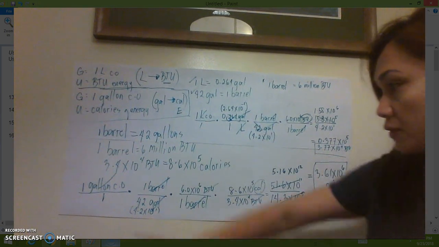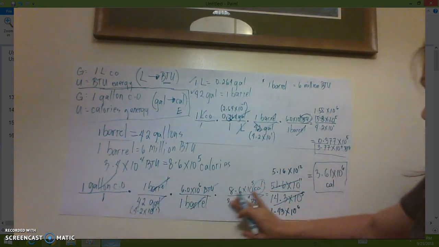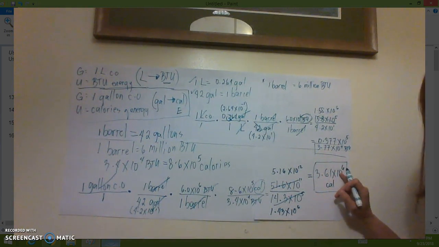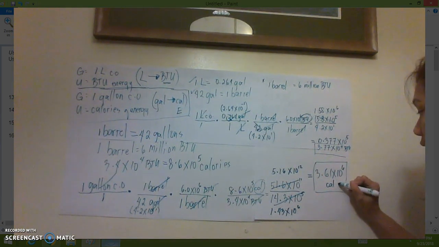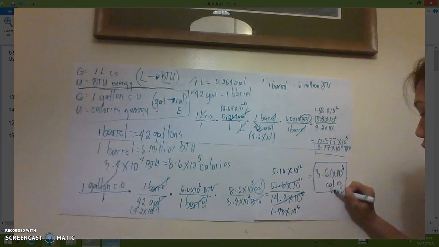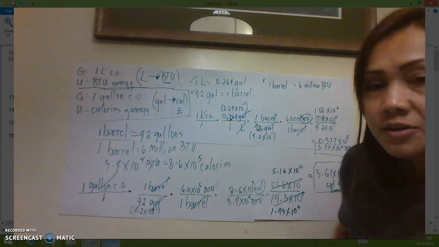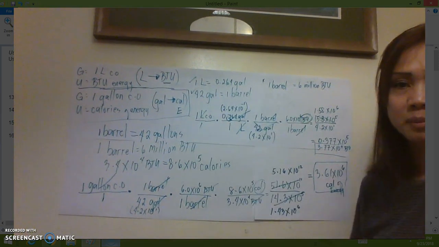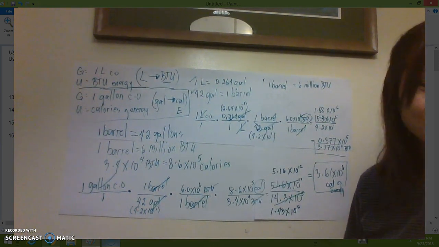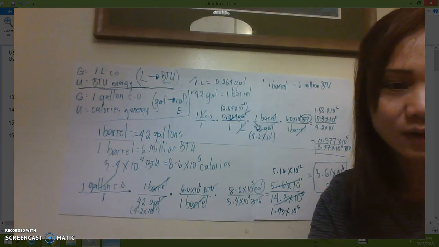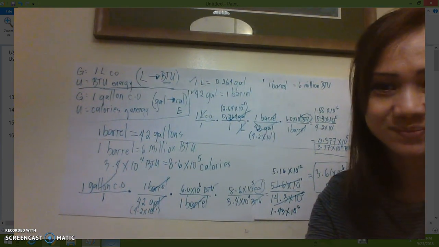So for every gallon of crude oil, there are 3.61 times 10 to the 6th power calories of energy. And here you go. This is only for problem number 16 of the worksheet that you can see on your screen as well. Okay.